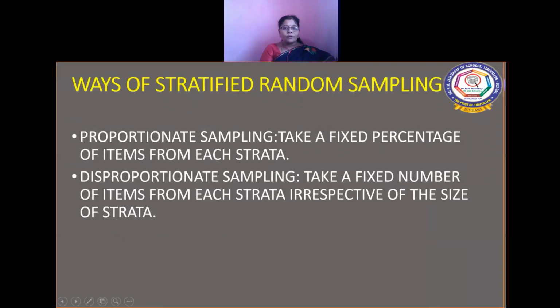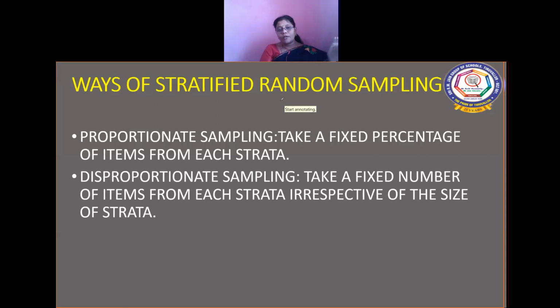Next, ways of stratified random sampling. In our illustration of a universe of 2000 students, the population consists of students from different classes, for example from 1 to 10. So we can conveniently divide this universe into 10 groups.